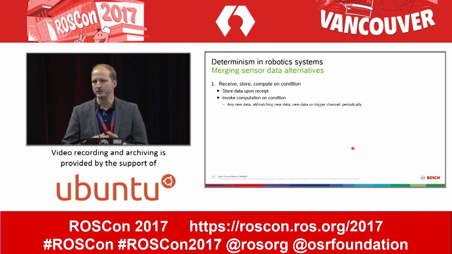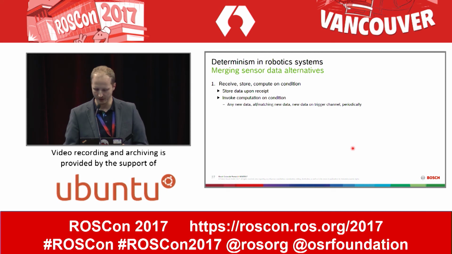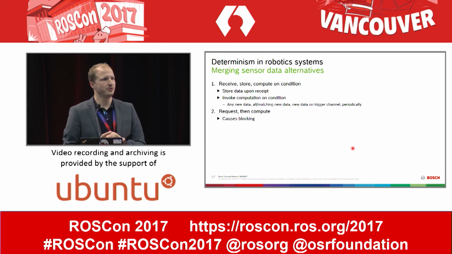Typical conditions for that are when you have new data from all of your sensors, or when the data has the right sequence number or has the right timestamps. Or maybe sometimes you have a most important sensor, and whenever you get new data on that sensor, then you will process. The other approach is you make an explicit request to the sensor and then compute. Of course, that blocks, but maybe not for so long.